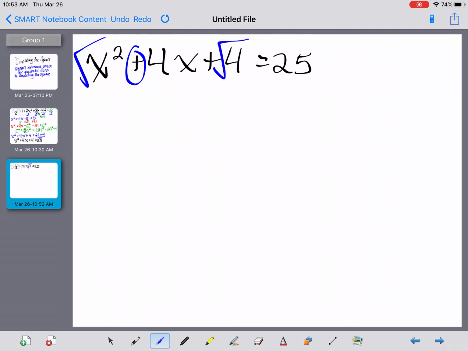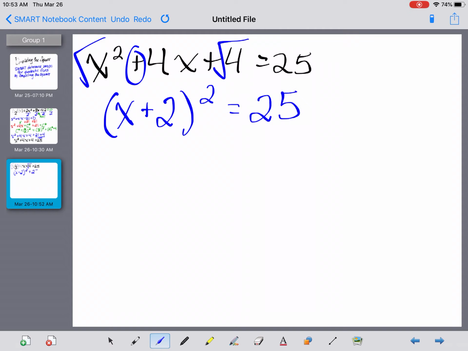So I'm going to take the square root of x squared, that's x. I'm going to bring down that plus sign, and then I'm going to take the square root of 4, which is 2, put that in parentheses, square it, set that equal to 25. You don't know this now, but what we just came from, this right here, is exactly the same thing as what's below it. We haven't learned it yet. We're going to learn that in the next unit, but those are exactly the same.